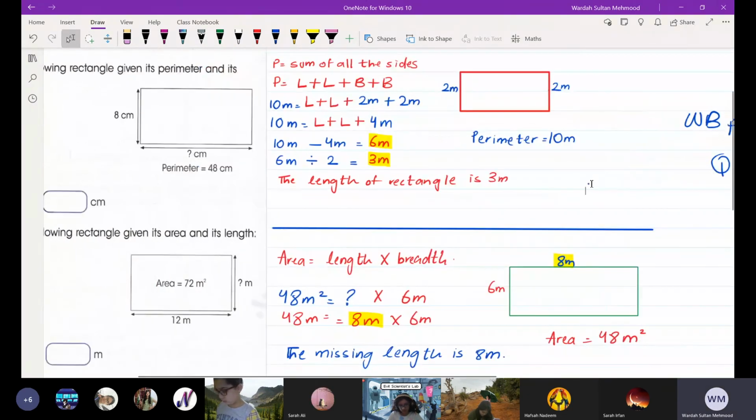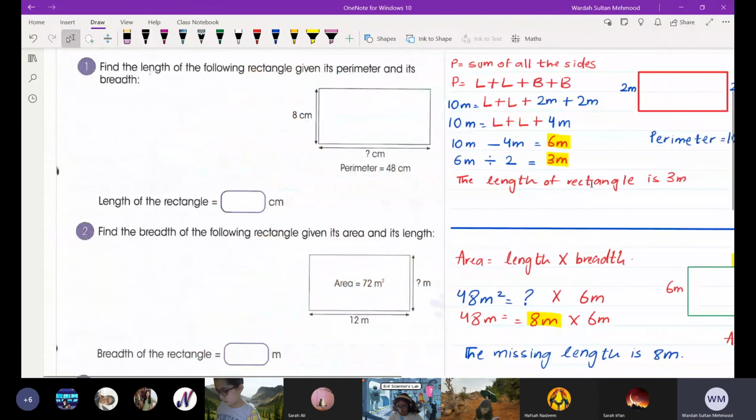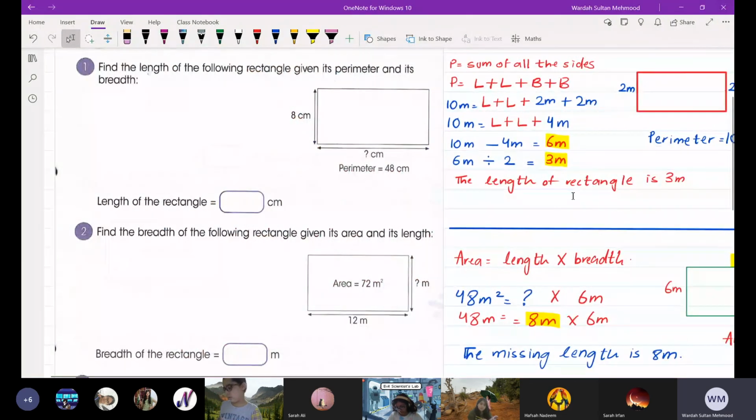You have to do both of them by yourself, question number 1 and 2. These were just explanation questions.